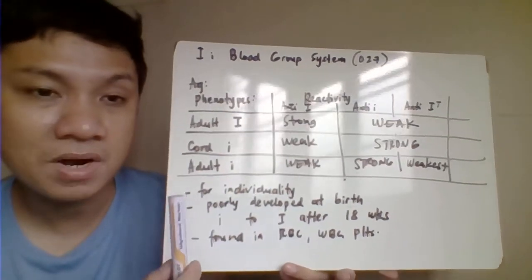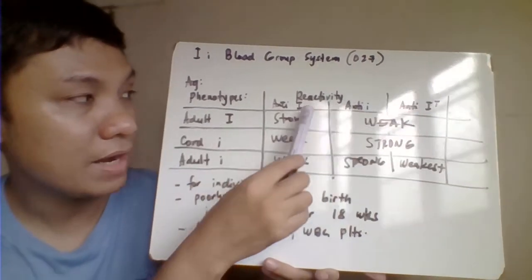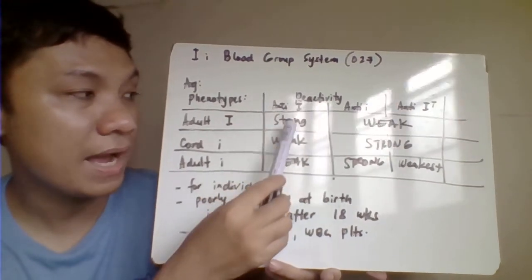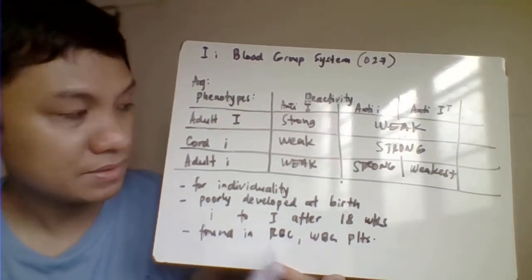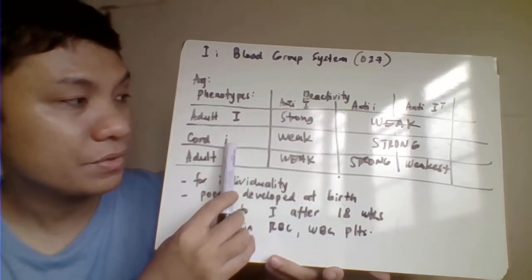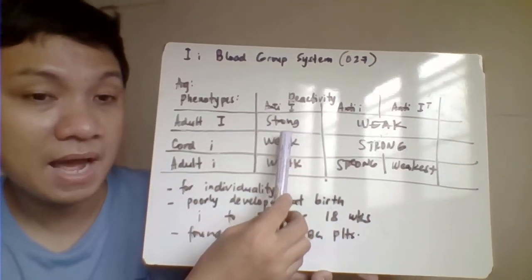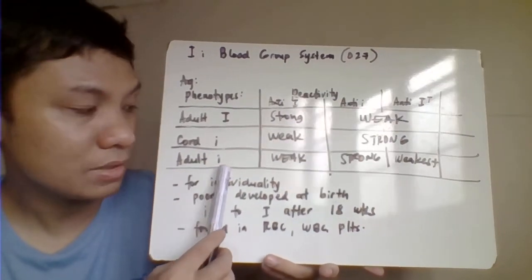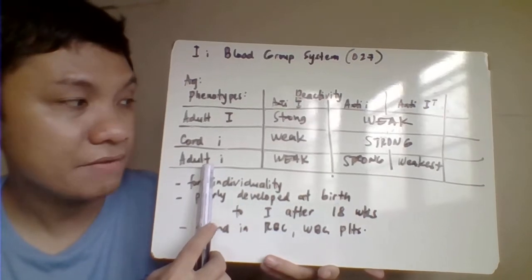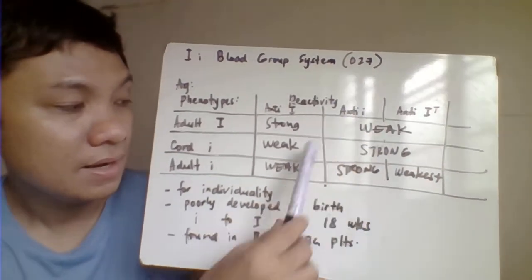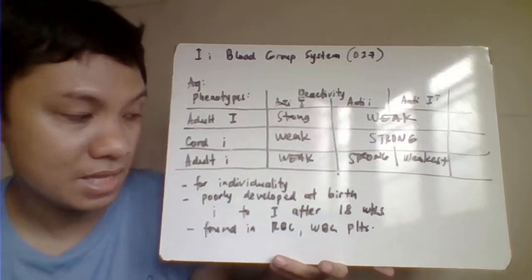So if what is present on your patient's red cell membrane is the adult I, this one would be reactive with anti-I because this is a bigger I. And for the anti-i, smaller i, and anti-IT, it would have a weaker expression because the patient is an adult. Cord i, the smaller i, is obvious: it will be reactive with anti-i, smaller i, and anti-IT, but not anti-I, the bigger I. For adult I, since they are already adults, they should have transformed to become the bigger I. This one would react strongly with anti-I anti-sera, weakly with anti-i, the smaller i, but with anti-IT we'll have the weakest reactivity.